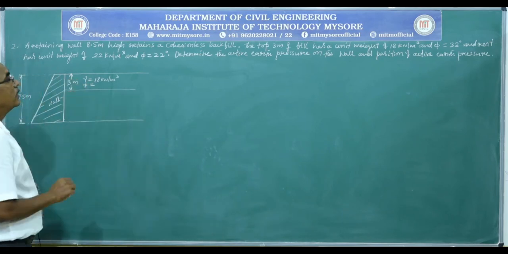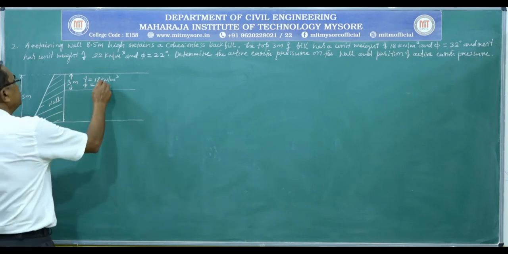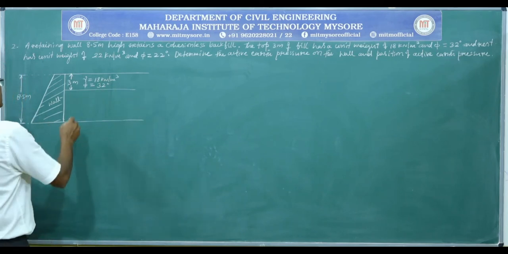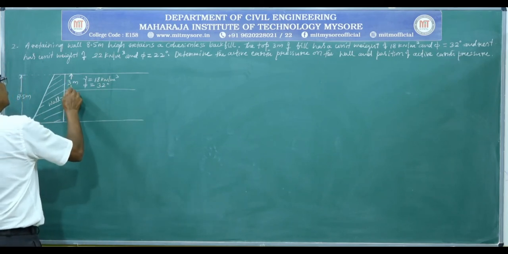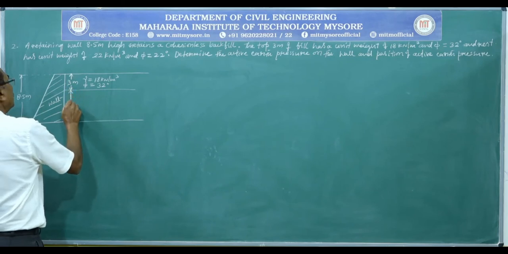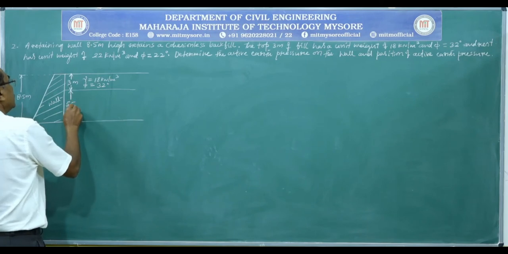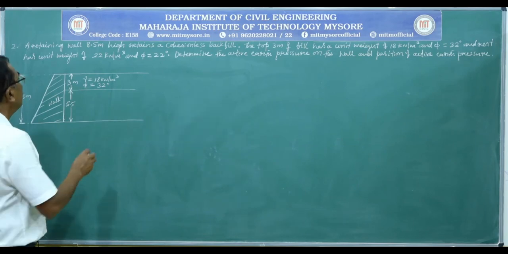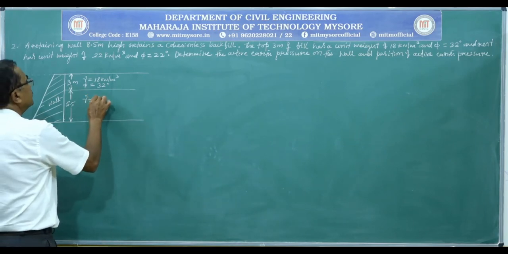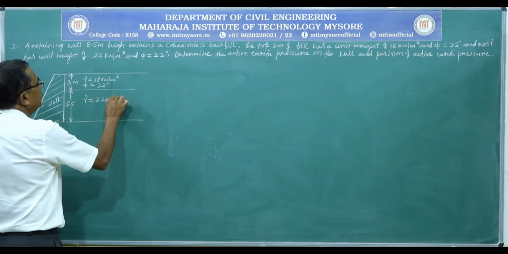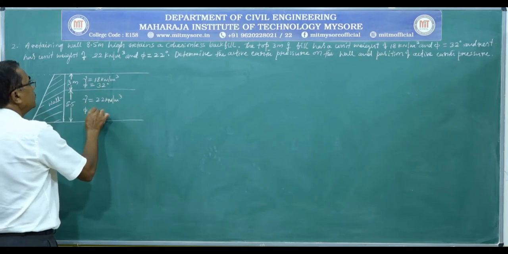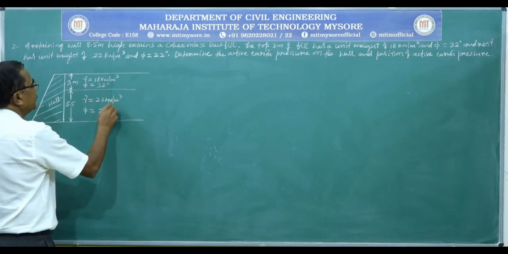Top 3 meter, angle of internal friction phi is equal to 32 degree. Next, rest of the 2.5 meter backfill has a unit weight of 22 kilonewton per meter cube and phi is equal to 22 degree.